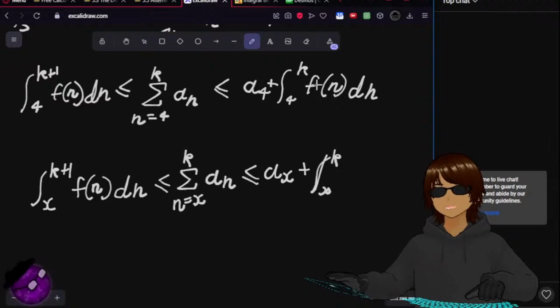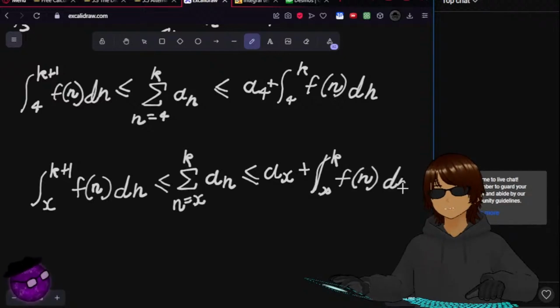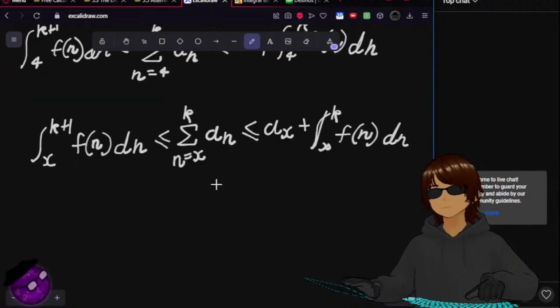The assumption is that f of x is continuously decreasing and it is equal to every value of a after a certain point, such that this works. Like from x onwards, f of n is equal to a of n.